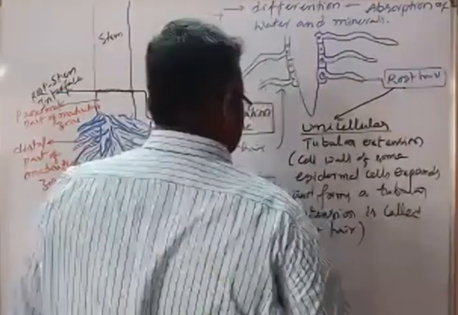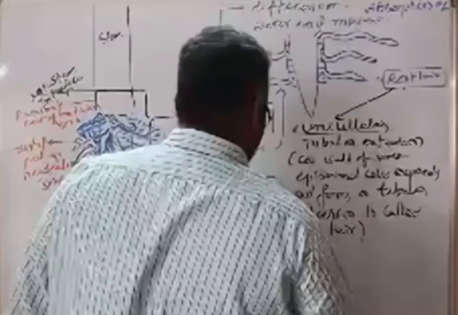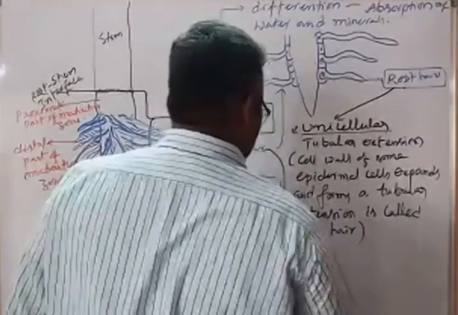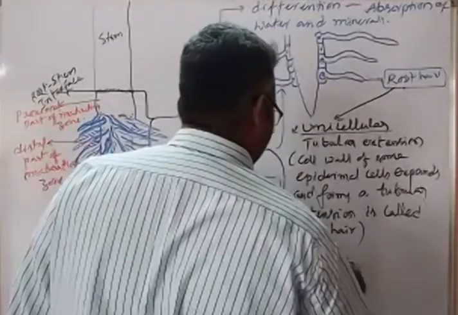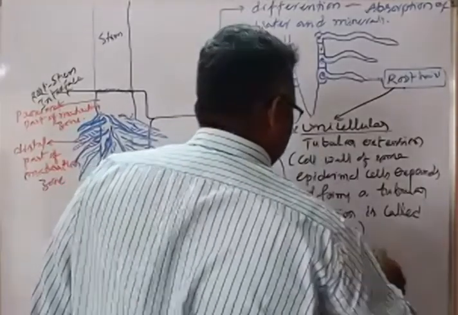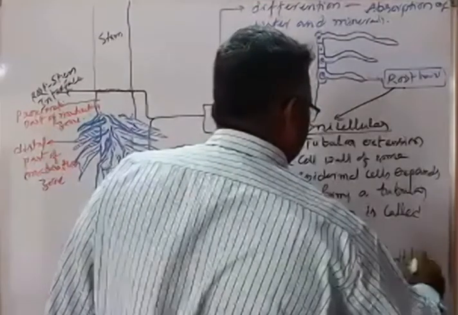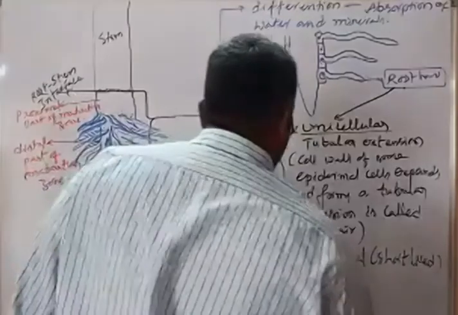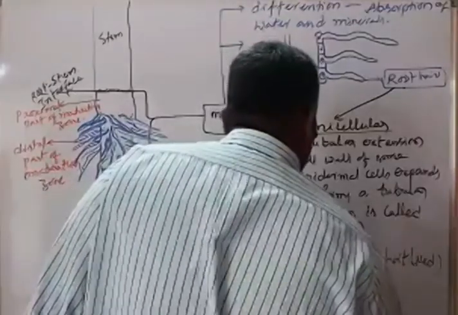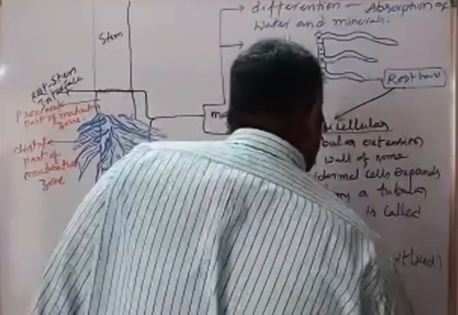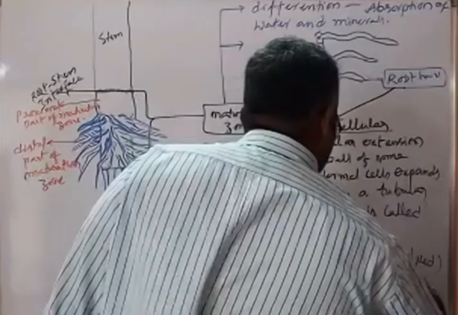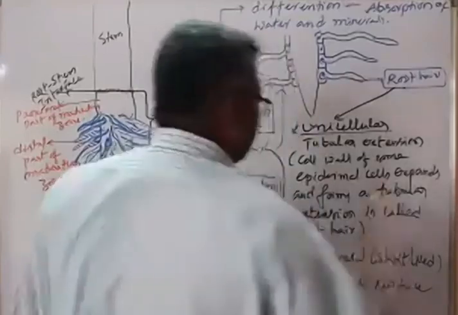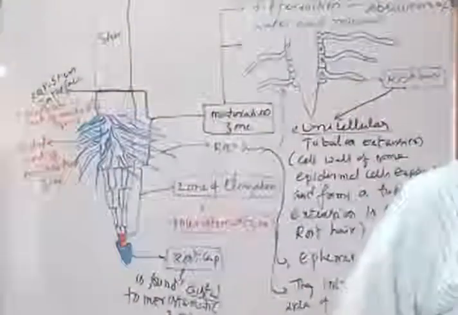And second important aspect, these root hairs are ephemeral, means they are short-lived. And apart from that, they increase the surface area of root.